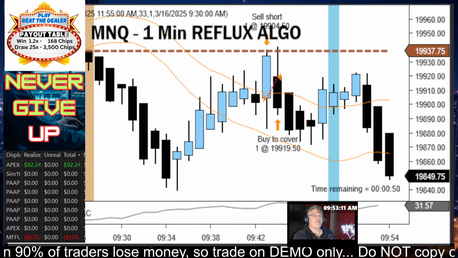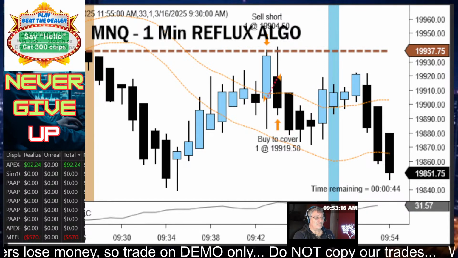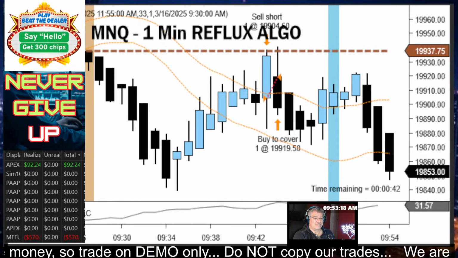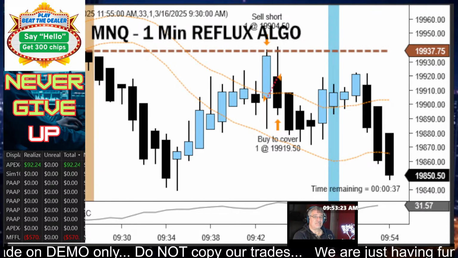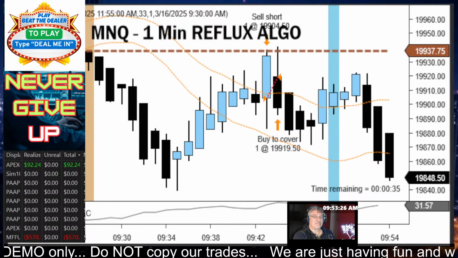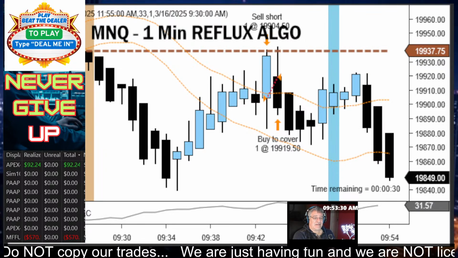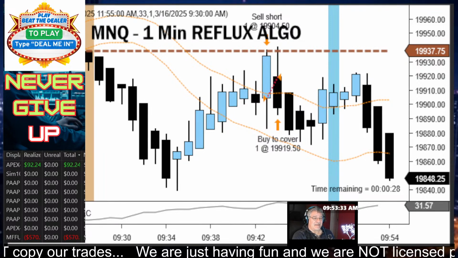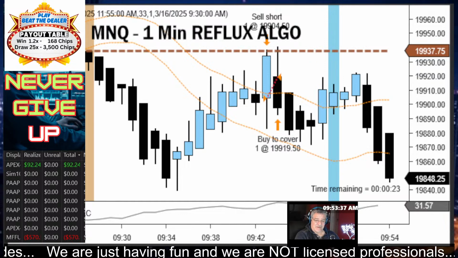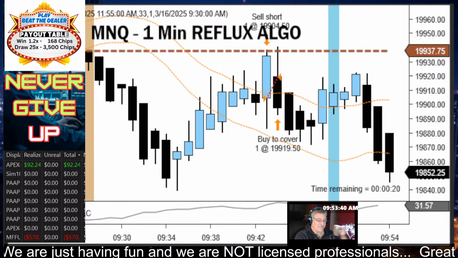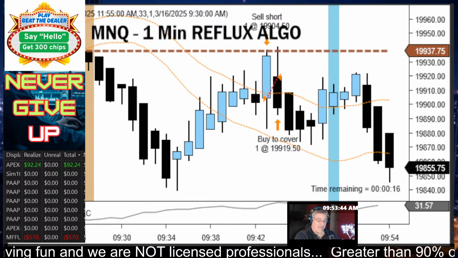Still looking at that 20,000 level. I thought the algo would take care of me, but nope. You know what? I have to backtest that trade. I'm going to stop taking that trade. I don't think it's tested enough.